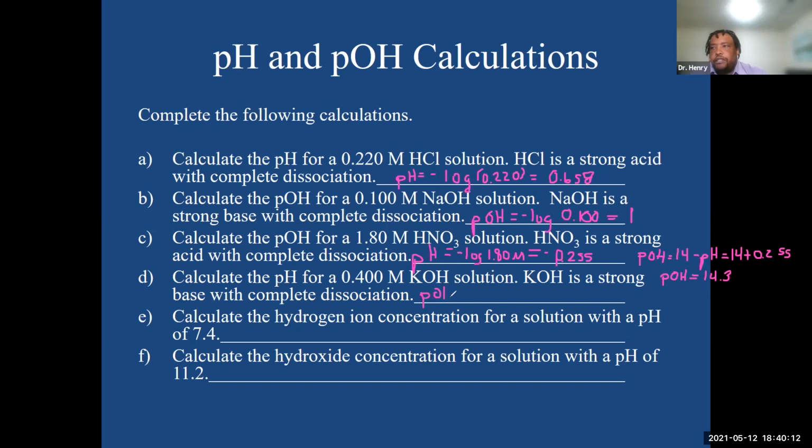Yep, so pOH is going to equal negative log of 0.400, which equals 0.398.